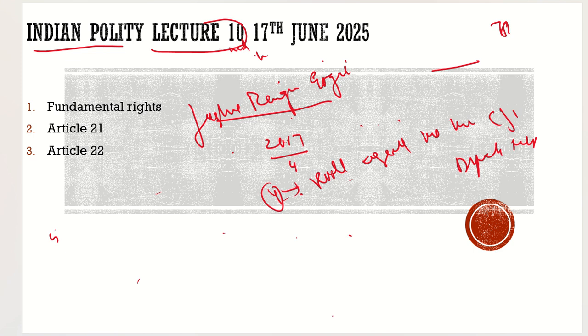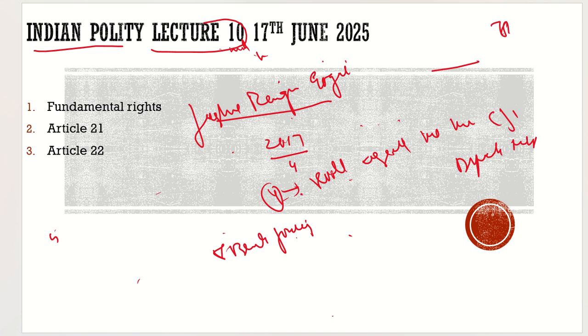The allegation was bench fixing. For example, if there is any case against the government, then the Chief Justice of India fixes the bench in a certain way that such cases would be given to a certain judge who is a little bit biased towards the government. So there were allegations against Deepak Misra, then Chief Justice of India, of bench fixing.